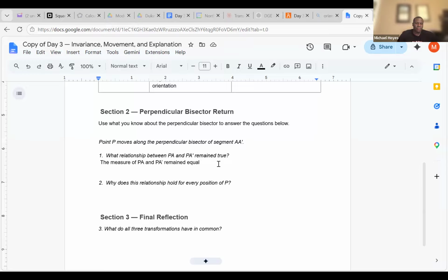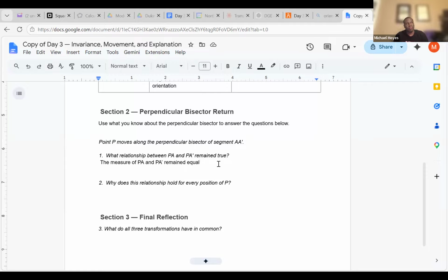Anything else between PA and PA prime? I mean, to talk about the angle, but a segment wouldn't have one; we would need a third point to form an angle.